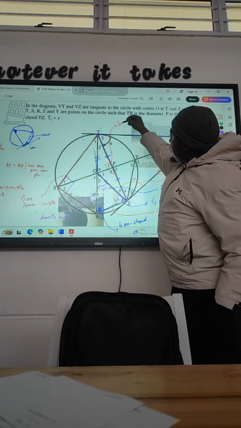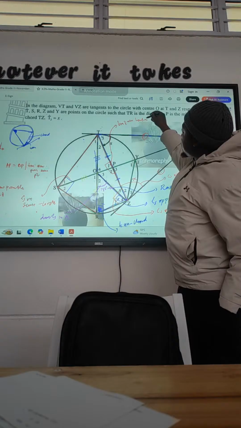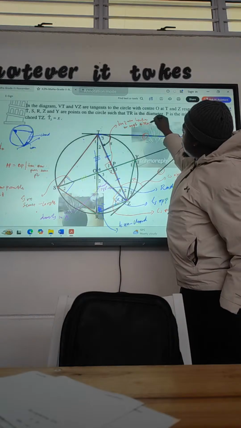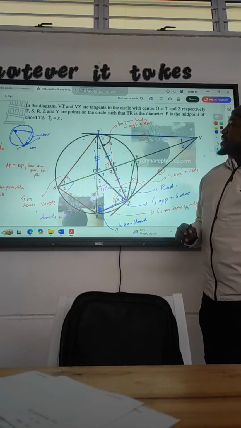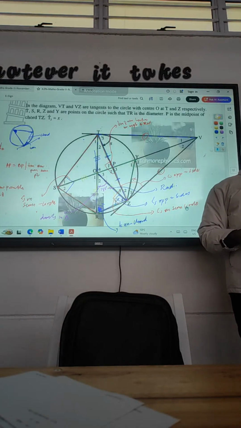A line from the center to the midpoint of a chord, we have 90.